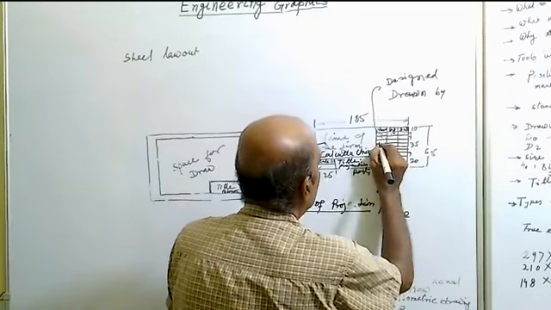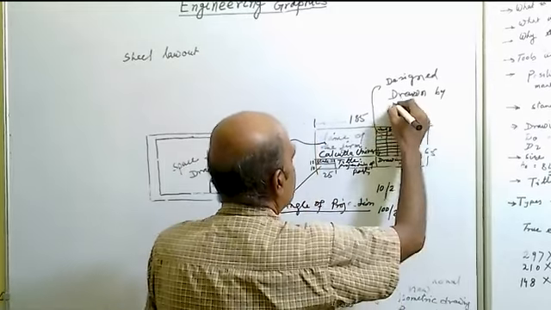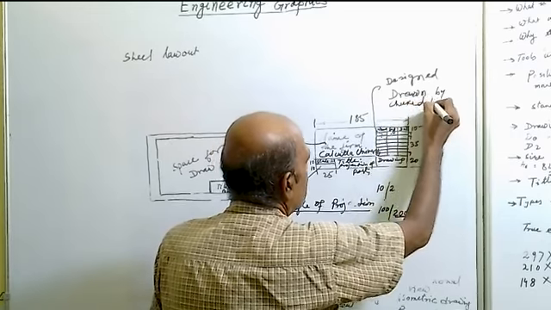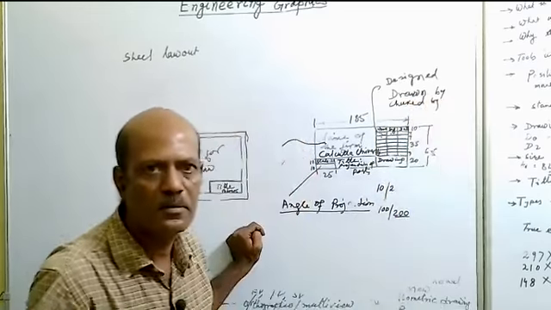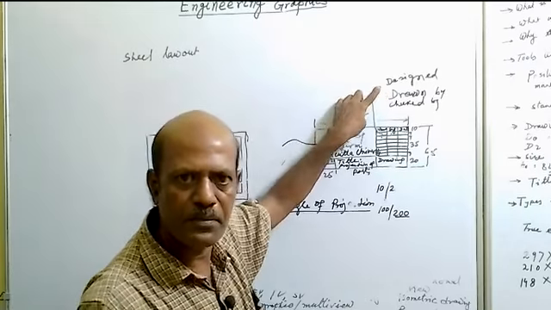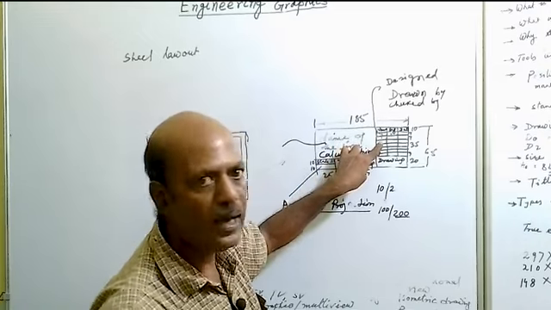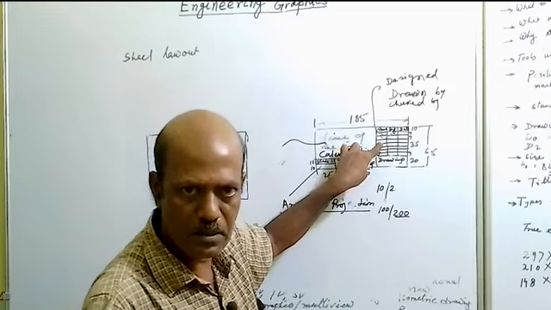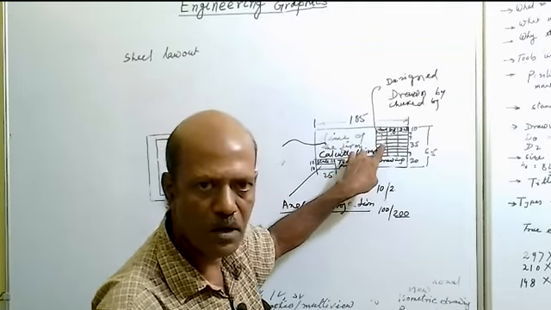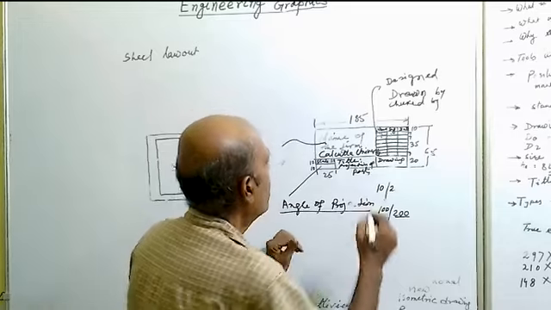Third column will be checked by. Checked by means the drawing is made as per the specification. That will be checked by the superior person, means the supervisor of that draftsman or the person who is drawing it. Okay.